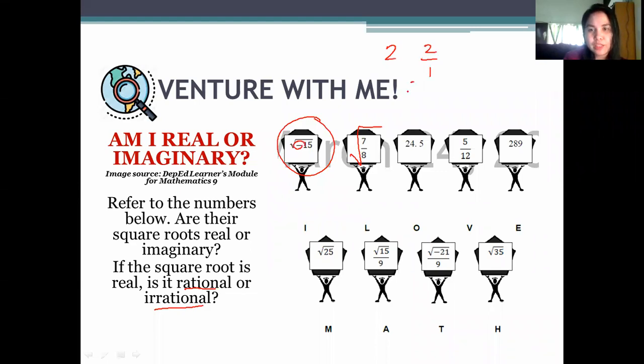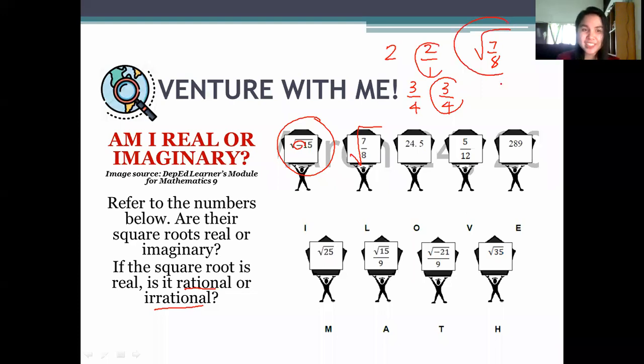If the square root is 3/4, that is 3/4. But if you could not narrow it down to this, like it's still the square root of 7 over 8, we call it irrational. So this is irrational. Very good.